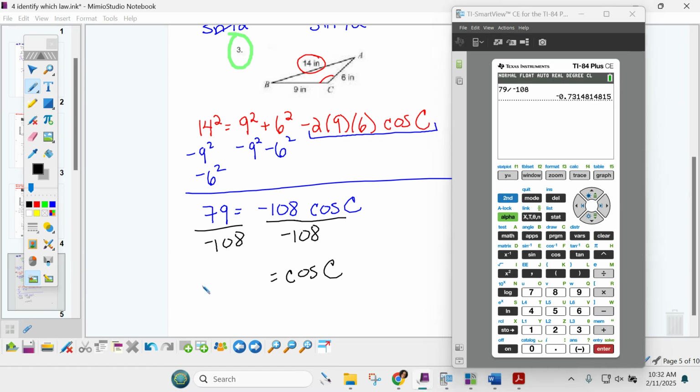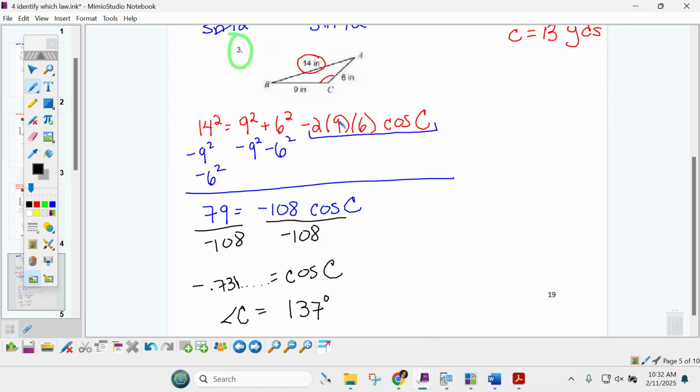So that's a long decimal. I'm going to have to use the entire decimal when I find the cosine inverse. So I do second cosine, second negative, because that's going to copy and paste the entire value. And we get 137 degrees.